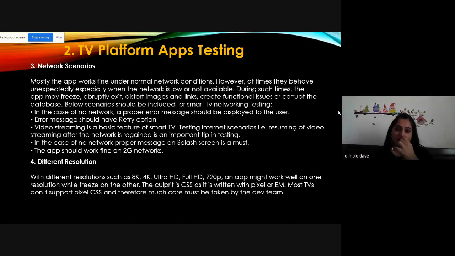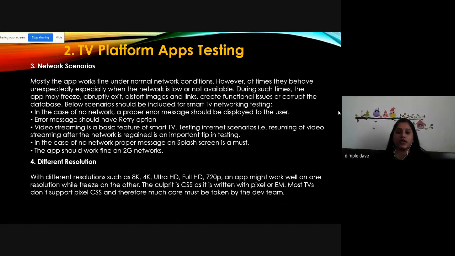That is called distorted images and links. Create some functional issues, like you want to forward or backward the video or your media, and it is not allowing, right? If you go for forward, it is continuously loading and never getting started. These are the basic things which we have to test.